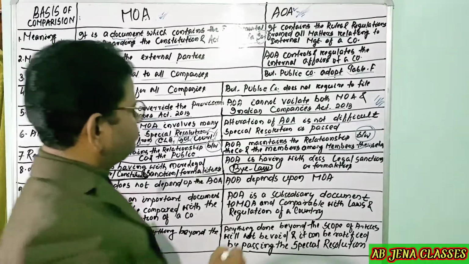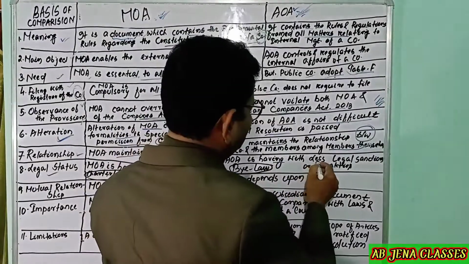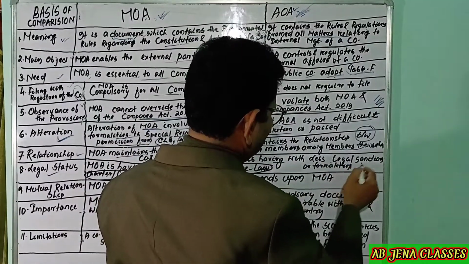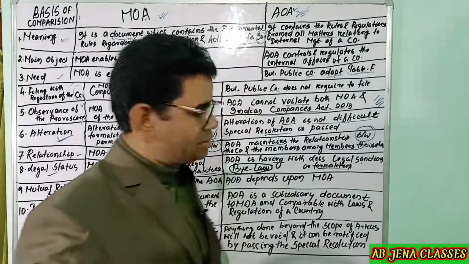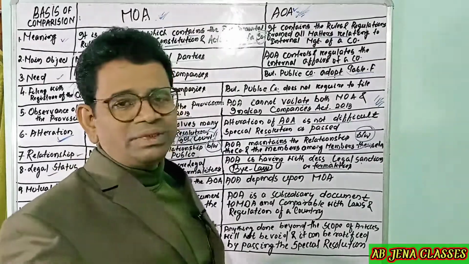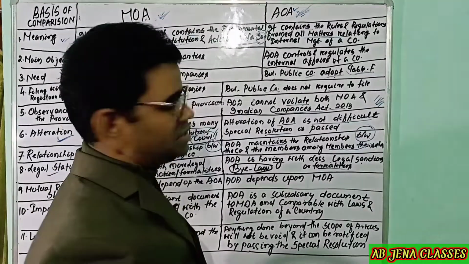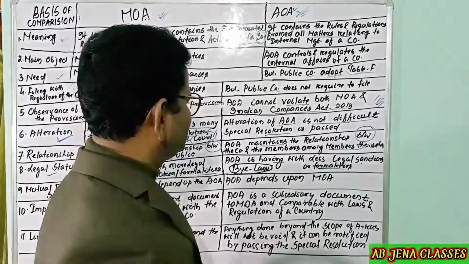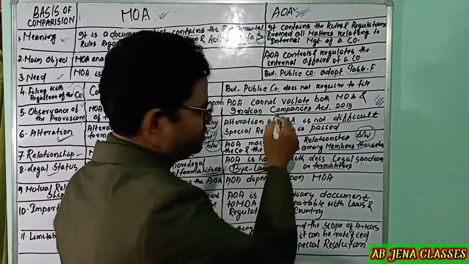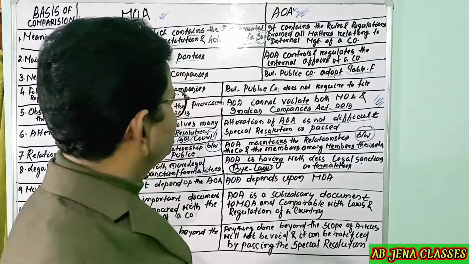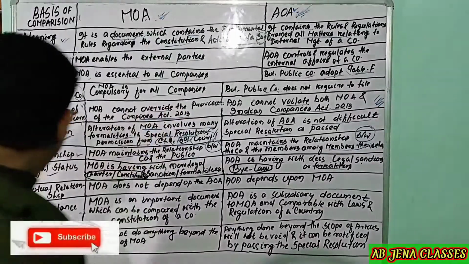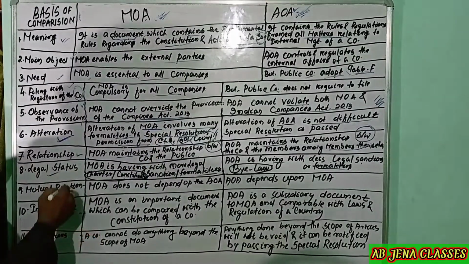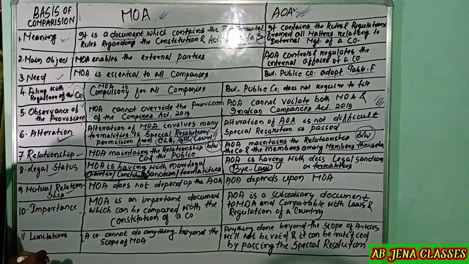The articles of association have fewer legal sanctions or formalities. If something needs to be changed in the articles of association, the company just passes a special resolution, and then they can be changed. Dear friends, coming to the next one, the mutual relationship.